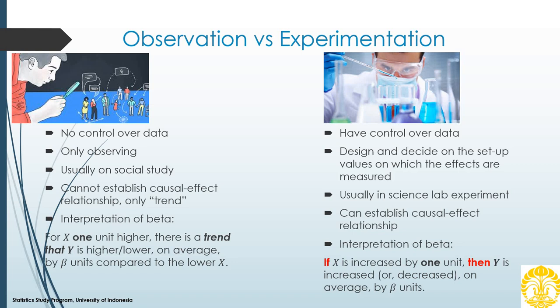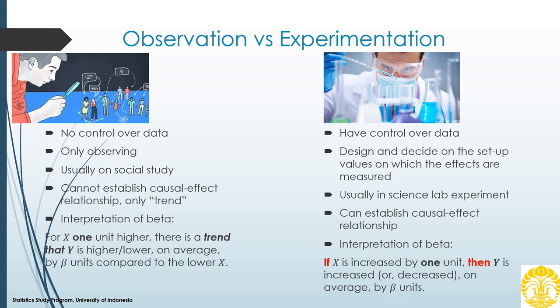On the other hand, experimentation is the complement of observation. In observation you have no control over data. In experimentation you have control over data. What we mean by control is that you decide on the set up values on which the effects are measured.